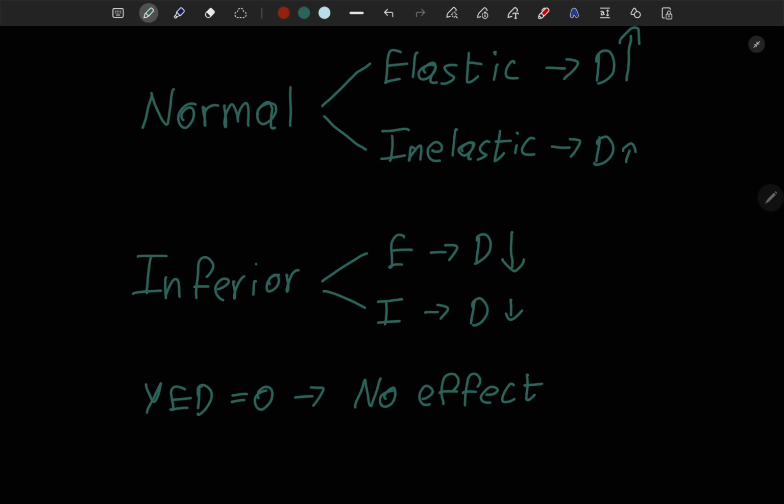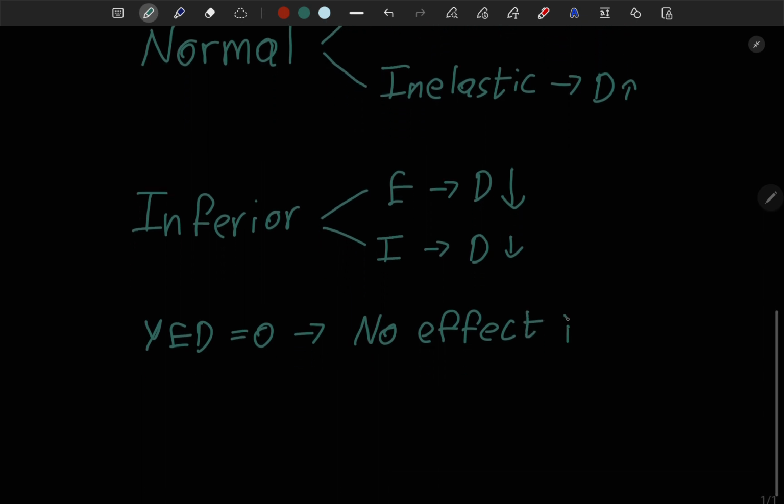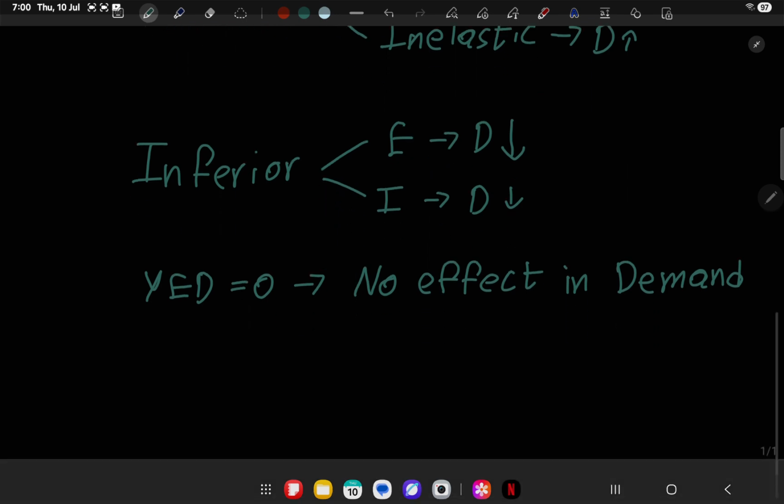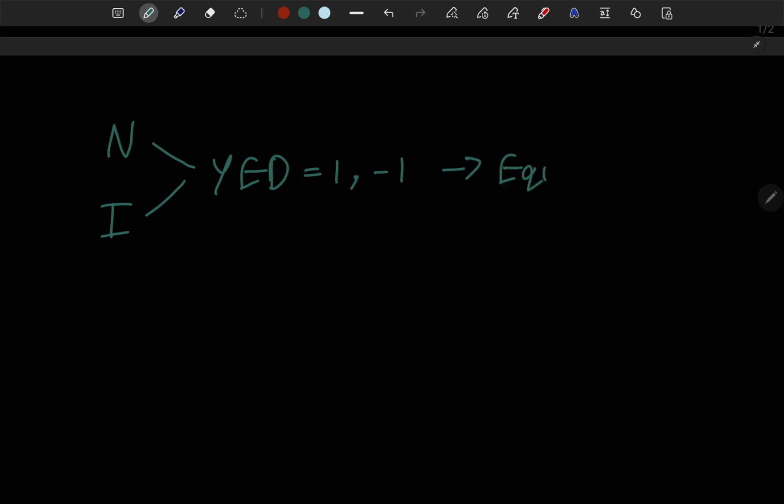You can also give examples so that it will help you get more marks, not like more marks, but it will support your answer. And you can also say that whether in normal or inferior, if the YD is equal to 1, or for inferior you can say -1, there will be an equal change.